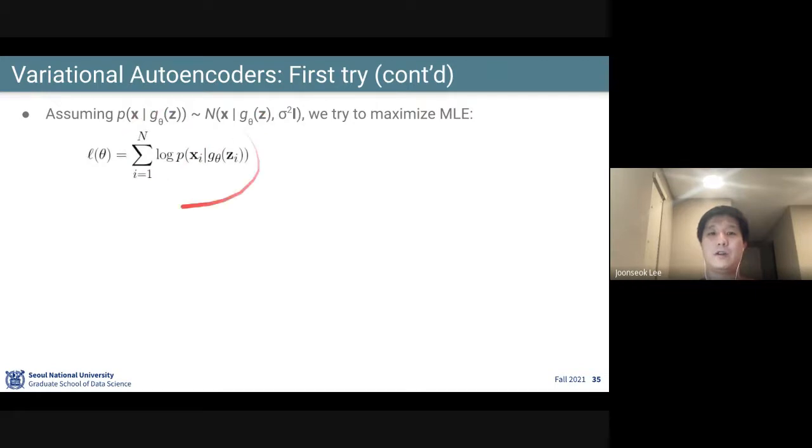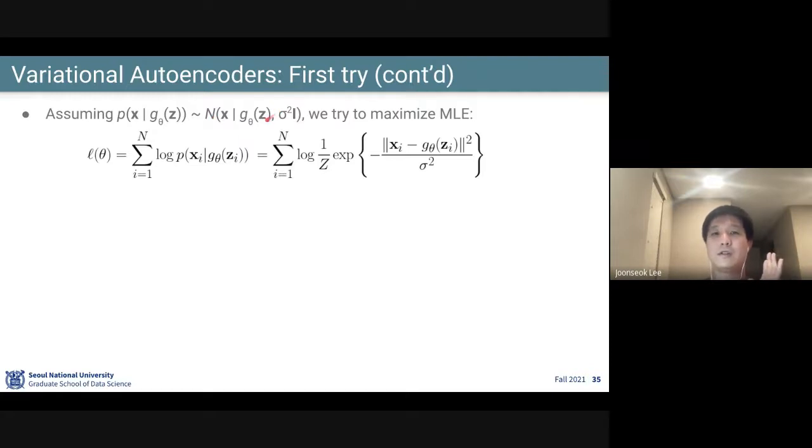Then our log likelihood function will look like this, using the definition of the Gaussian function in this P. Then only this part survives, and the rest of them is not relevant to this mu and sigma, so they're just noted as constant. This is the log likelihood function.